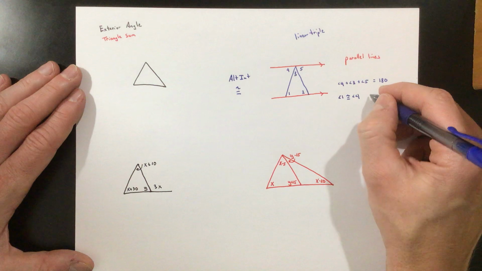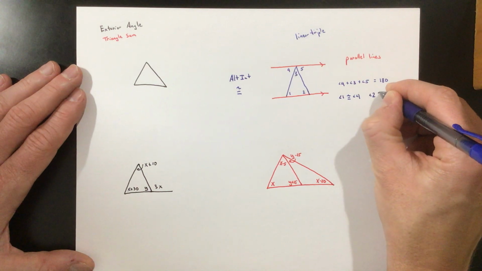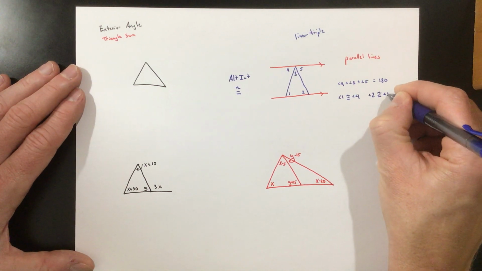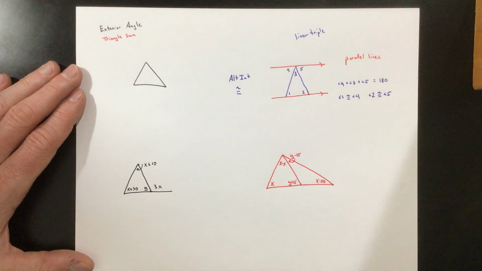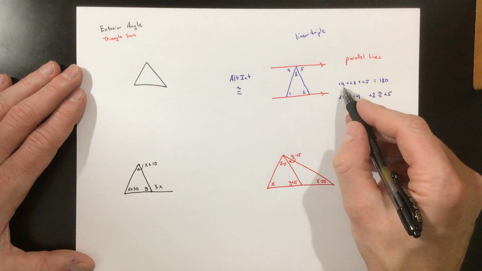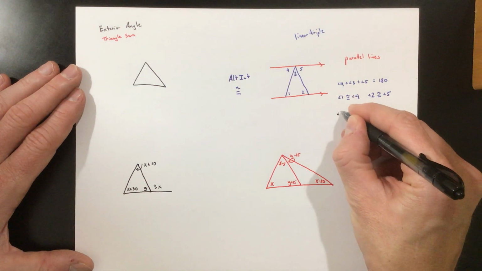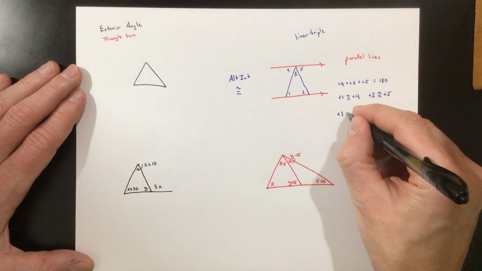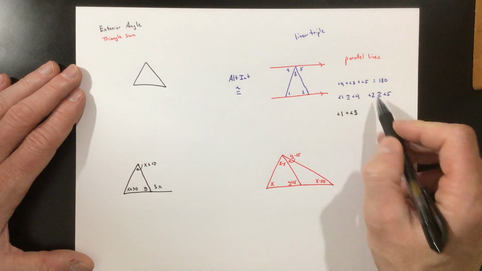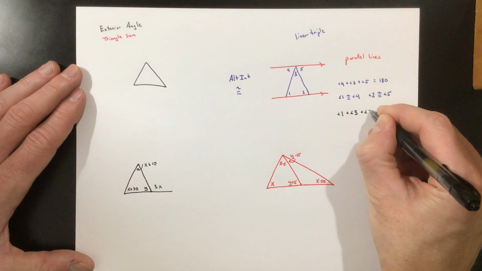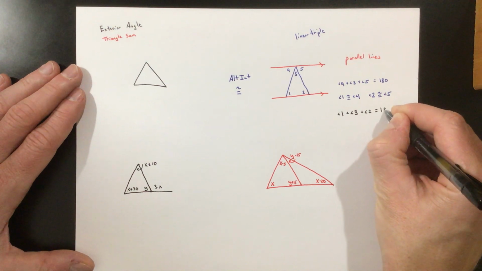5 and 2 are also alternate interiors, and they are congruent because the lines are parallel. But if 1 is congruent to 4, we can make a substitution: where angle 4 used to be, we can replace it by angle 1. Let's leave angle 3 alone. And where we see angle 5, we can substitute angle 2, since they are the same measure.